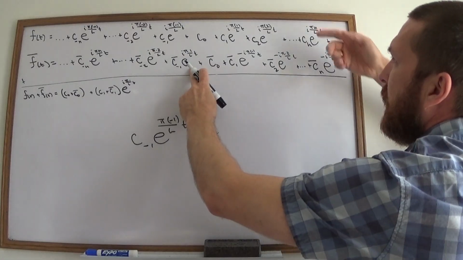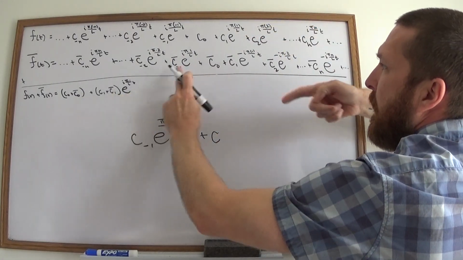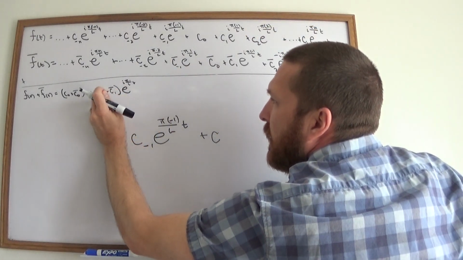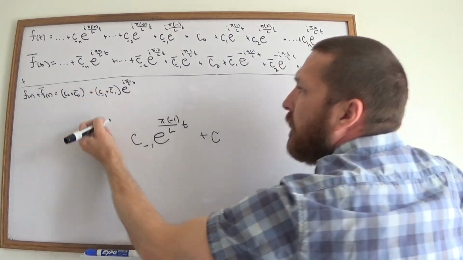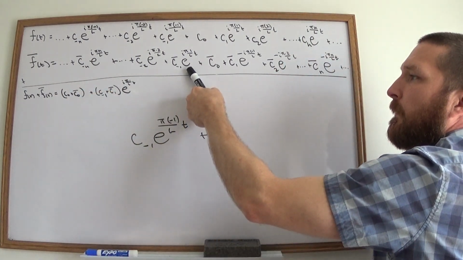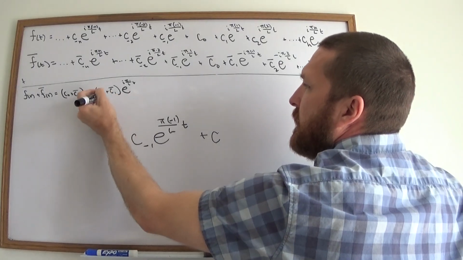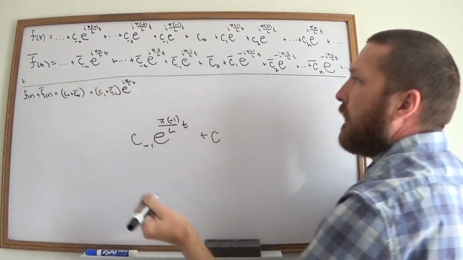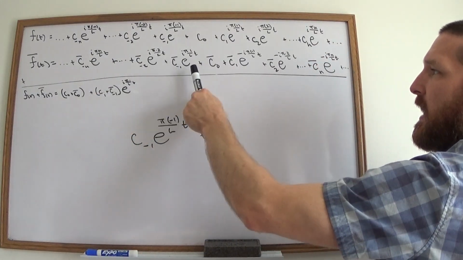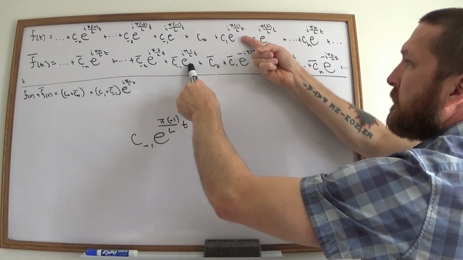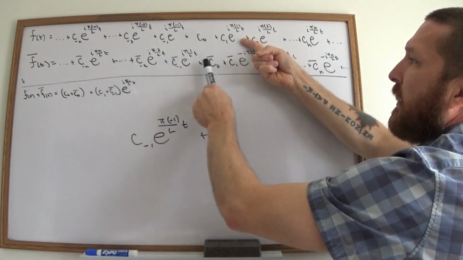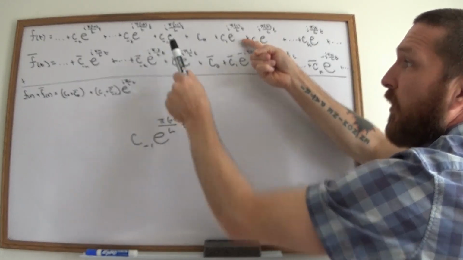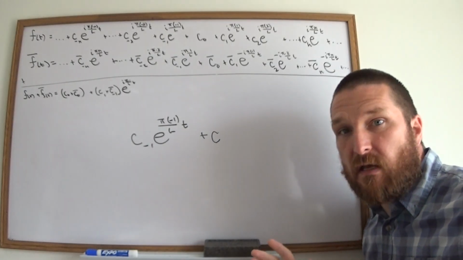I added that one and that one to get that. But that's a negative 1 bar, negative 1 right there. Because I got that one by adding this one and this one. That was C1 and then C negative 1 bar. You cannot guarantee that they're the same thing.